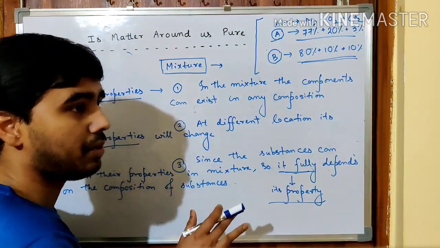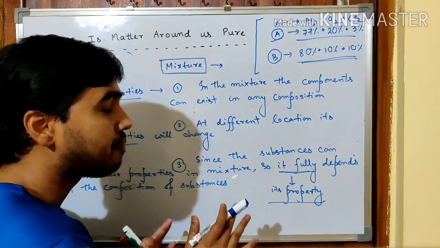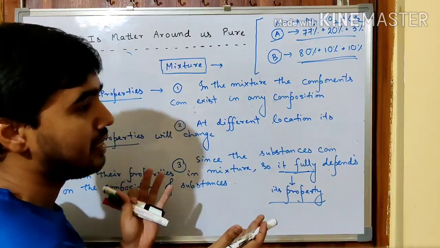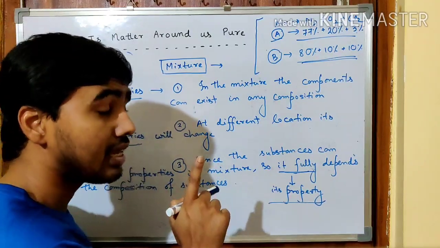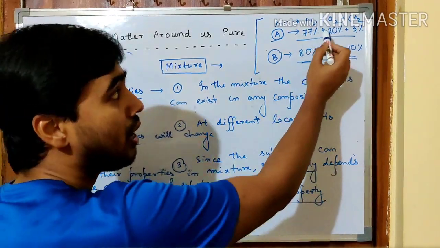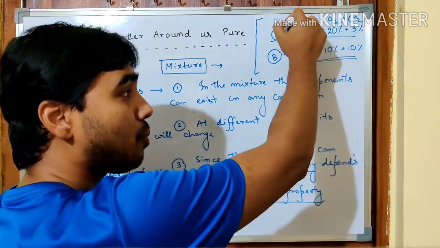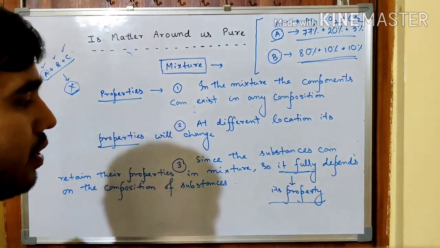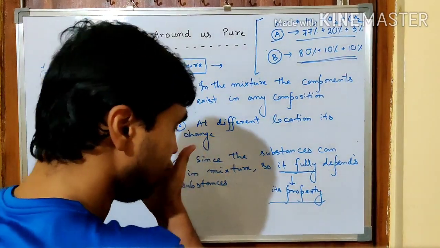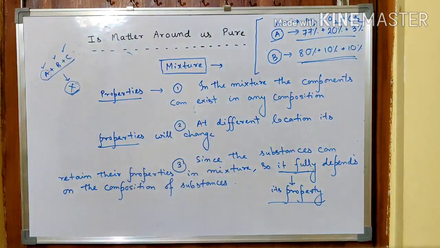So depending on the amount that they are present in, the substances will have their impact. Like with more oxygen, the properties will be different, with less oxygen, the properties will be different.